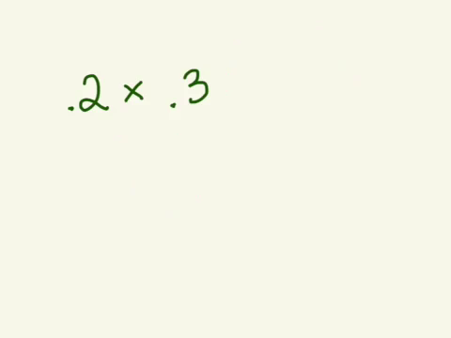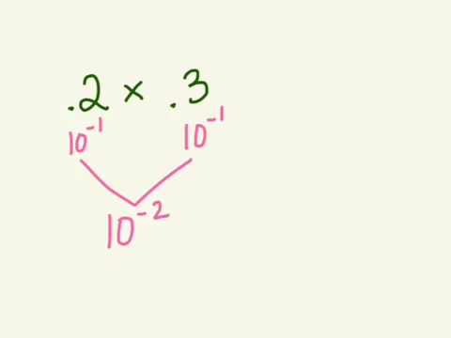What about this one? 2/10 times 3/10. Well, let's figure out how many powers of 10 we have. Again, this time happens to be 2 negative powers of 10. So let's do our fast fact, then powers of 10. 2 times 3 is 6, and we have a negative 2 powers of 10.